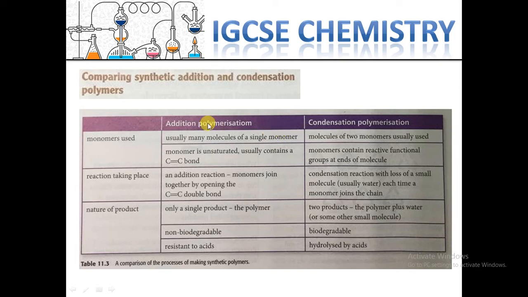Please have a look and memorize this table, so that in the exam, if you are asked about condensation or addition polymerization, you will know the comparison, differences or similarities.